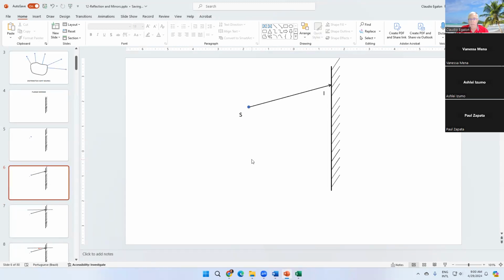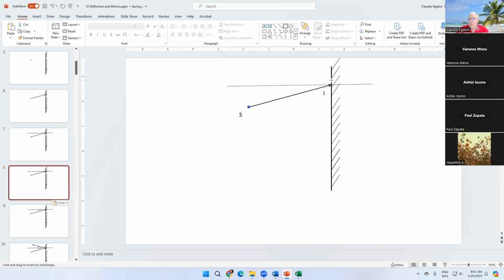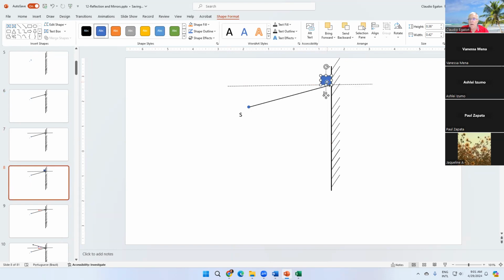And what else do we do? Whenever it comes to reflection, we must draw not just the light ray, but also a direction that's normal to the surface of the mirror. And here is the direction normal to the surface of the mirror. I am going to even put the symbol of normal right here. That's the one. A little square.